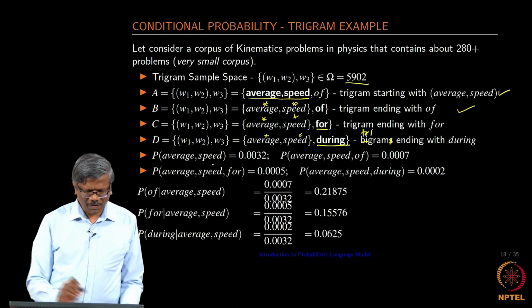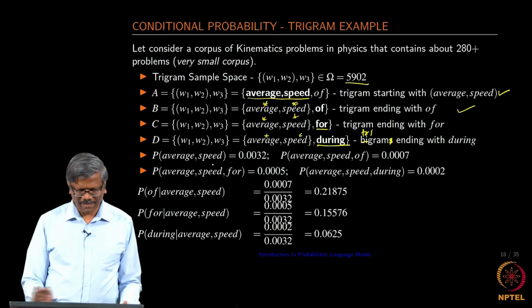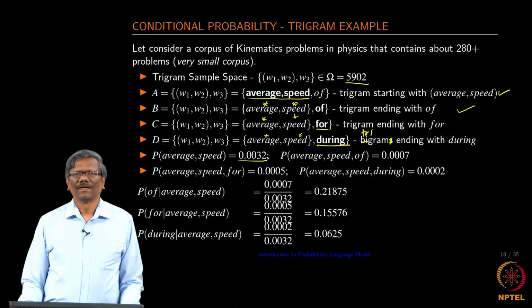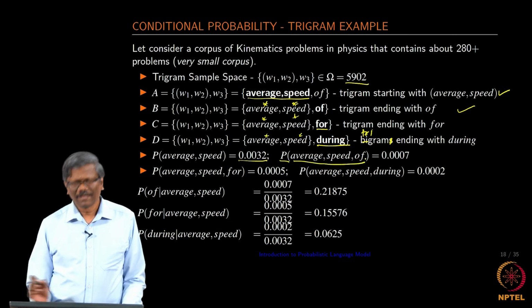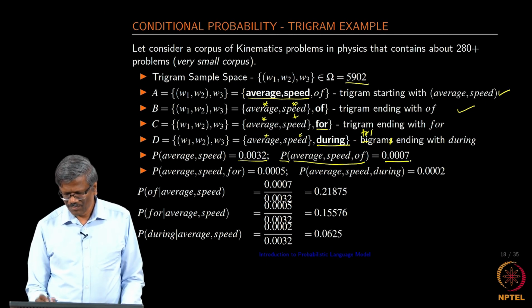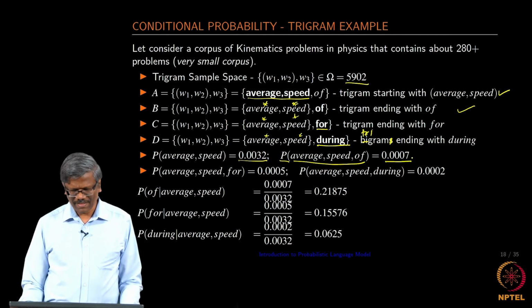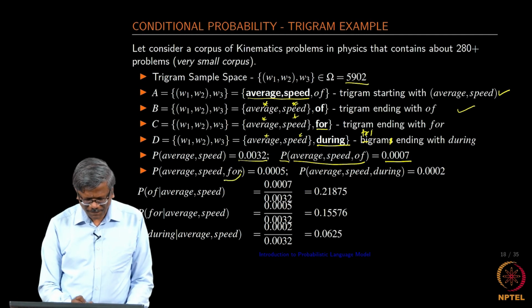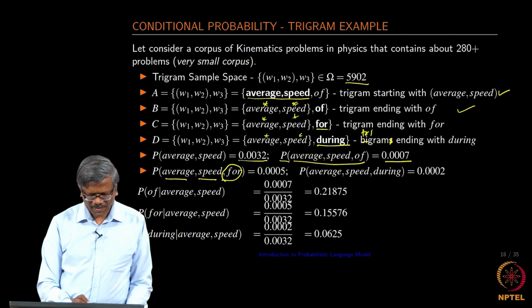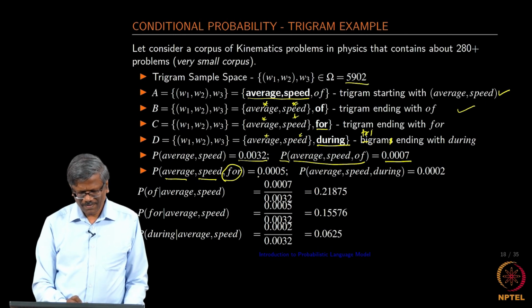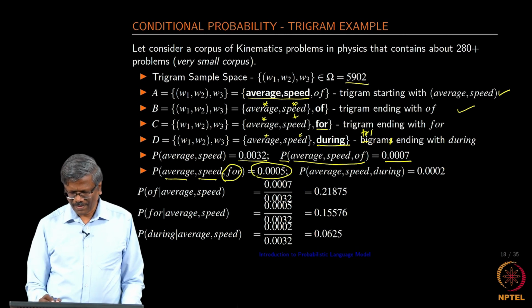So, we have also found that the average speed has occurred and that is the probability, and then the probability of these 3 occurring together is 0.0007, and then all the 3 words along with for as the last one we have the probability, and then for the word during along with average and speed this is the probability.